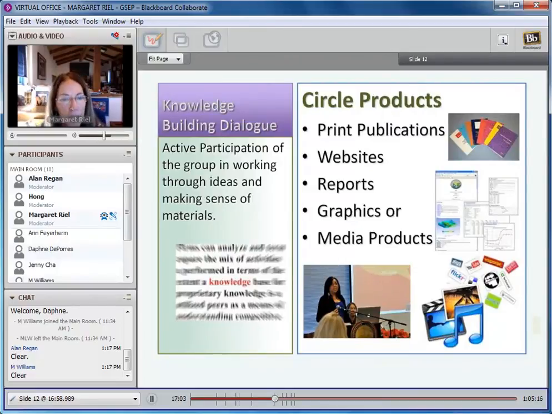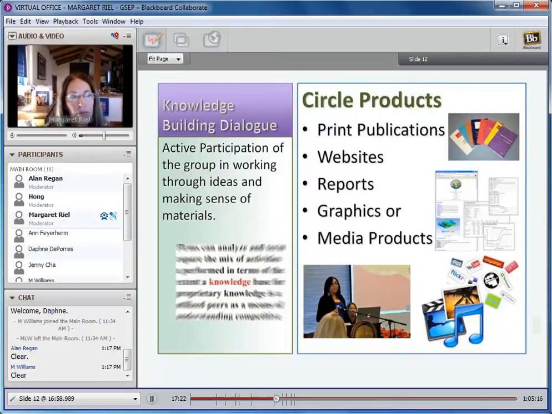Knowledge building dialogue is in a course situation, and we didn't really have a chance to find out what kinds of courses each of you teach and how large they are. But in a large course, there isn't much time for talk.